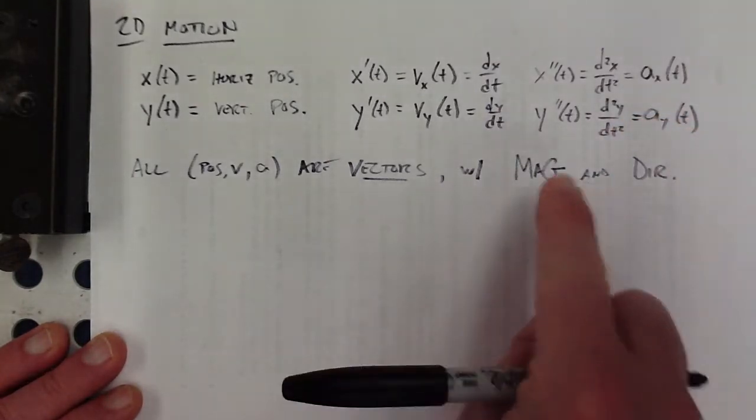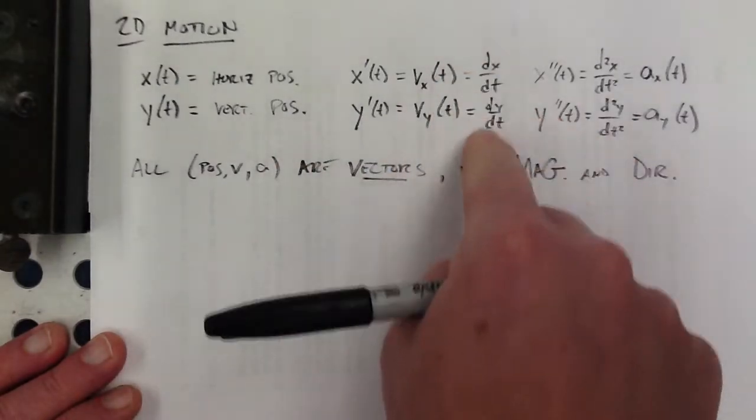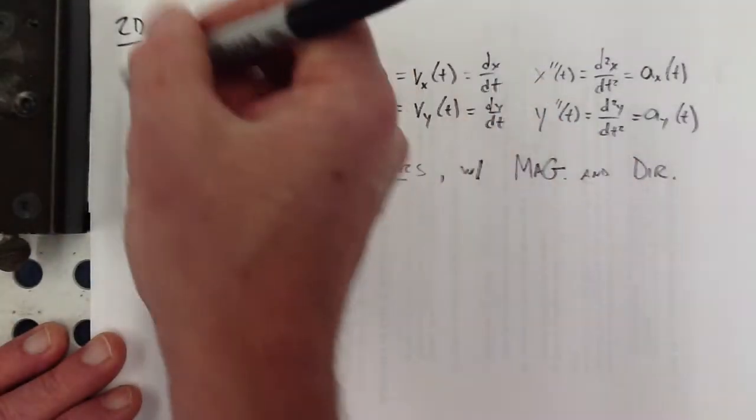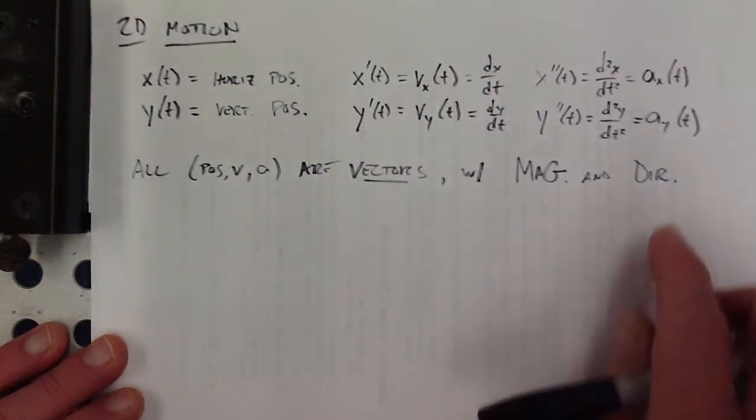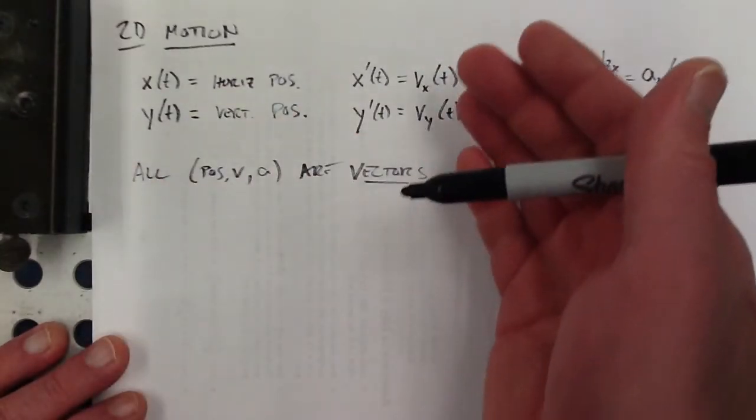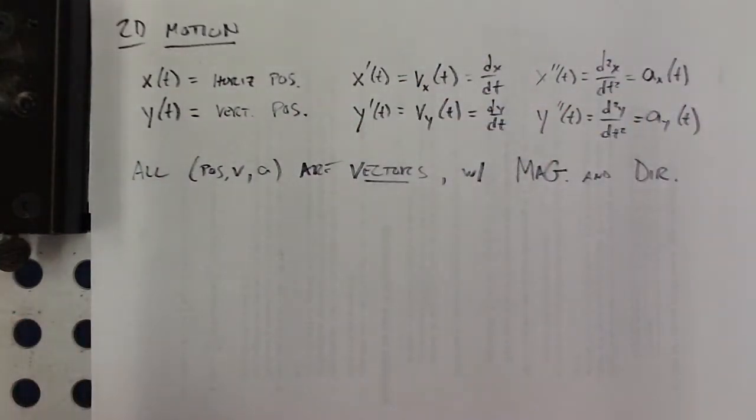And you know how to find the magnitude: you do the Pythagorean theorem on the components. For the direction, you do tangent inverse of rise over run and figure out what quadrant you're in. That's basic geometry, and we've done it in physics already, so nothing really special to say there.